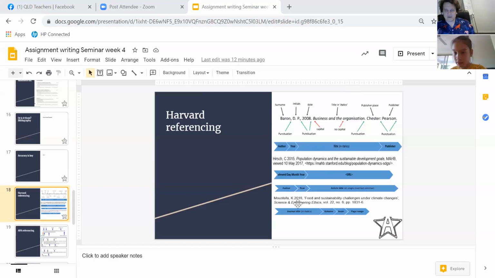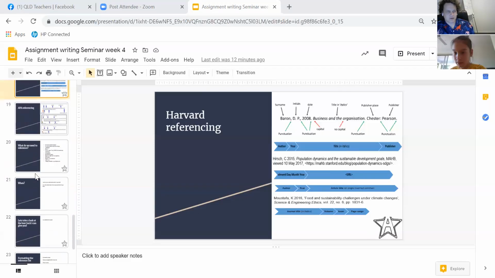And down here, you've got the volume. So volume 22, the edition, and then the pages that you took the information from, or the pages in which this particular journal article will sit in that publication of the journal.